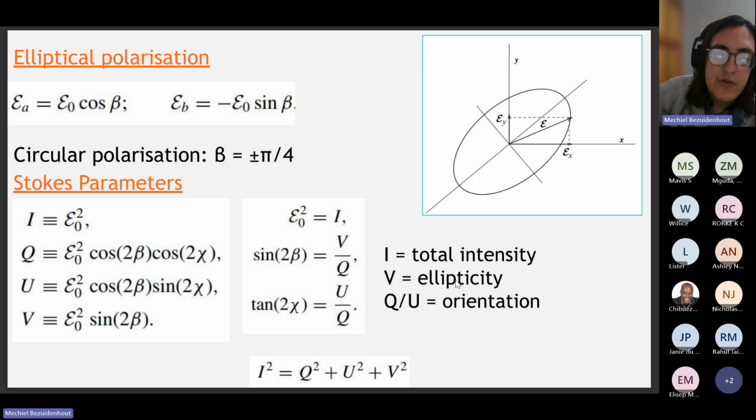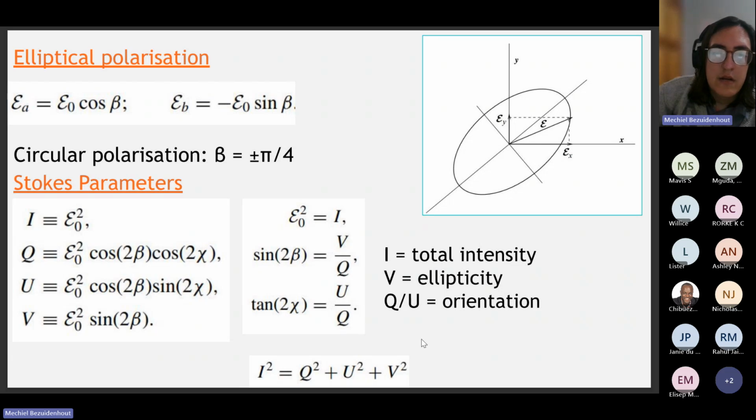If V is equal to E0 squared, so if it's equal to I, that means it's entirely circularly polarized. And then the ratio of Q to U determines the orientation of the rotation of the polarization plane.